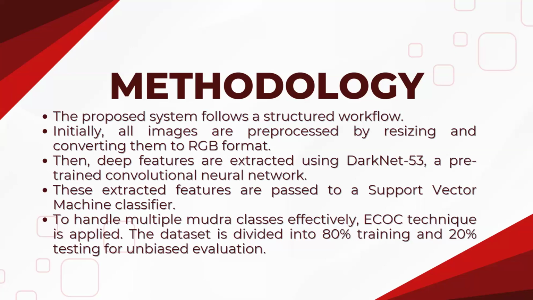Instead of directly using a neural network for classification, we extract these features and feed them into an SVM, support vector machine, to effectively handle multiple mudra classes. We apply an error correcting output code strategy. The dataset is divided into 80% for training and 20% for testing to ensure unbiased evaluation.